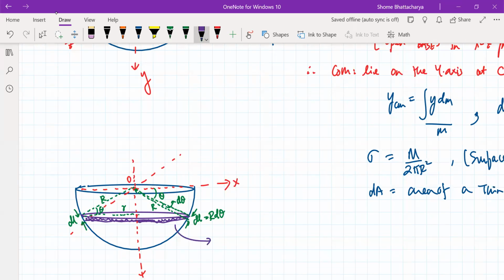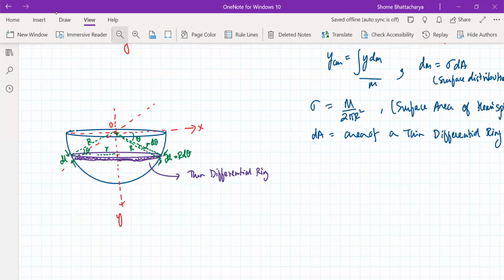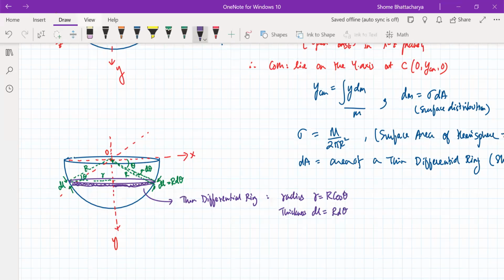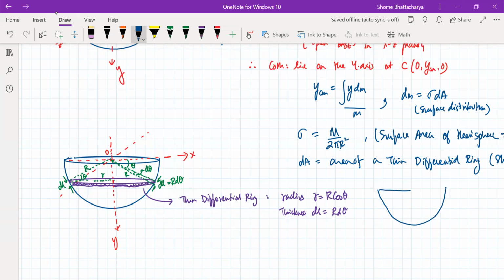this thin differential ring has a radius, small r, equal to, you can see, capital R cos theta. And it has a thickness dl equal to R d theta. Okay. So once again, I'm showing the geometry in a sideways diagram so that it looks as if you're looking in the two-dimensional plane.